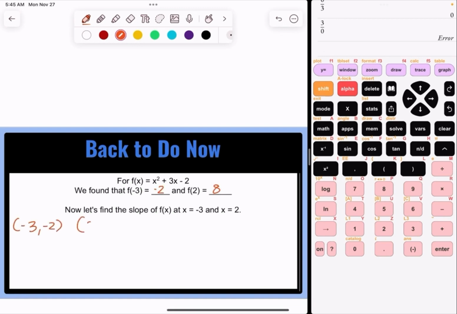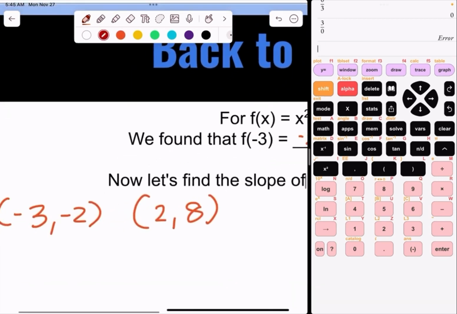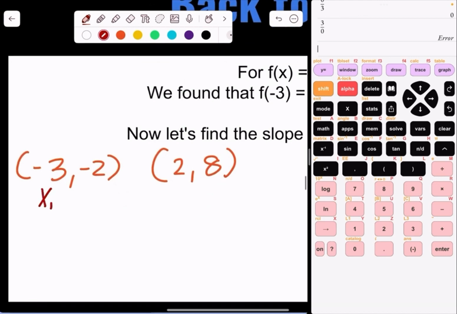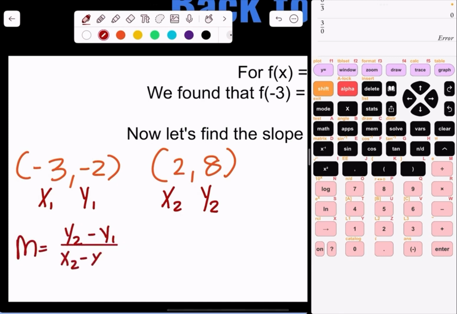And the other point is 2, comma, 8. Now, you always start by labeling your points. x1, y1, x2, y2. And now we use the slope formula. M equals y2 minus y1 over x2 minus x1.